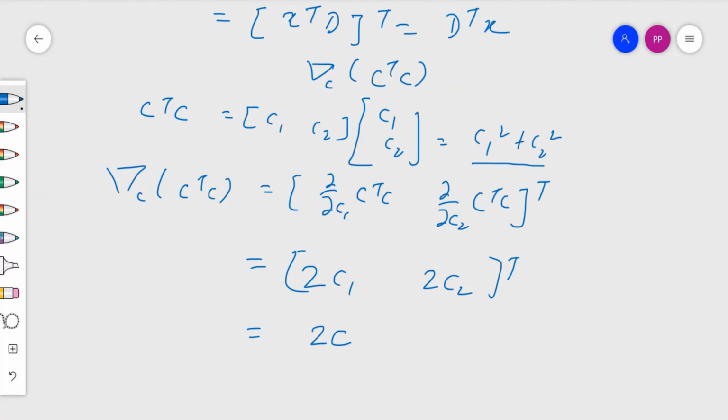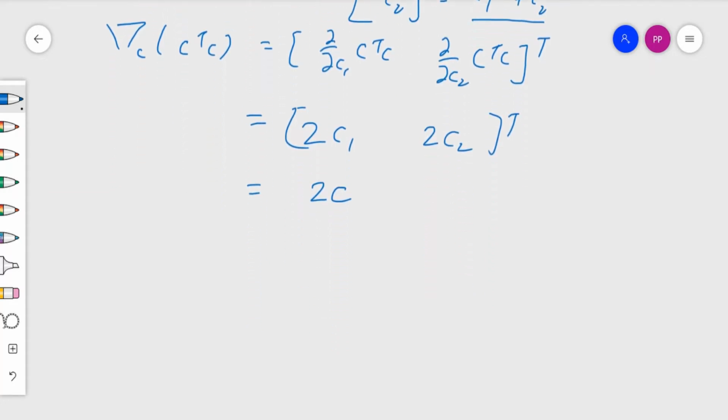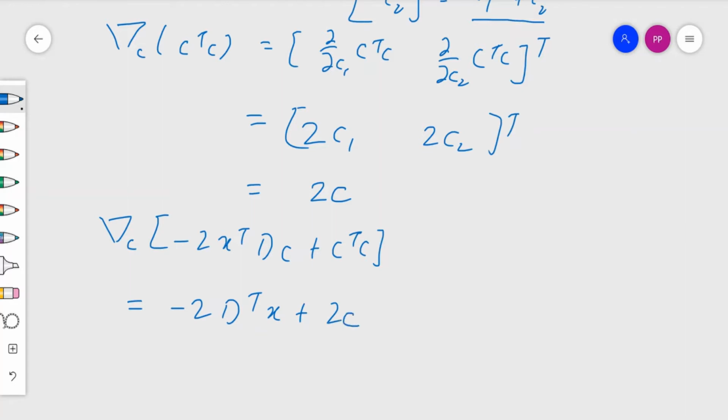Therefore, if we are trying to find out the overall gradient of argmin over C of minus 2 x transpose DC plus C transpose C, this should be equal to minus 2 D transpose x plus 2C, and our criteria is this should be 0, so that we can get the minimum value of the C, which we are saying as the optimal value.